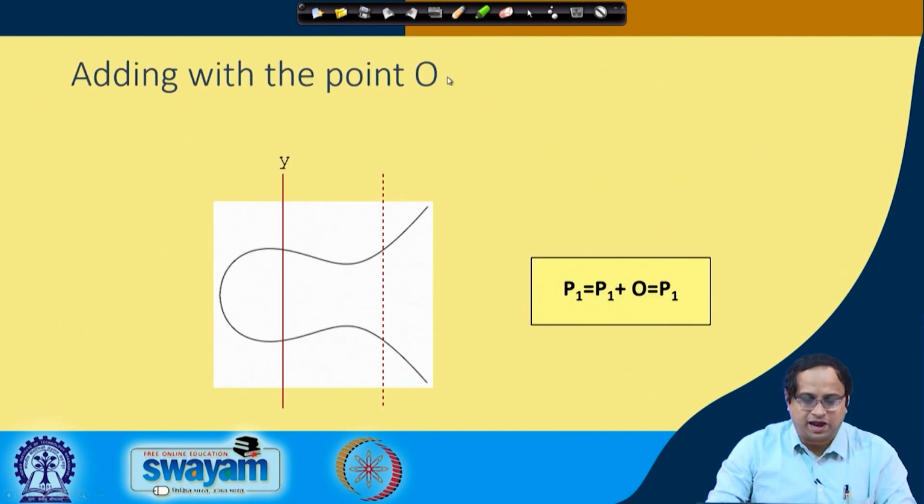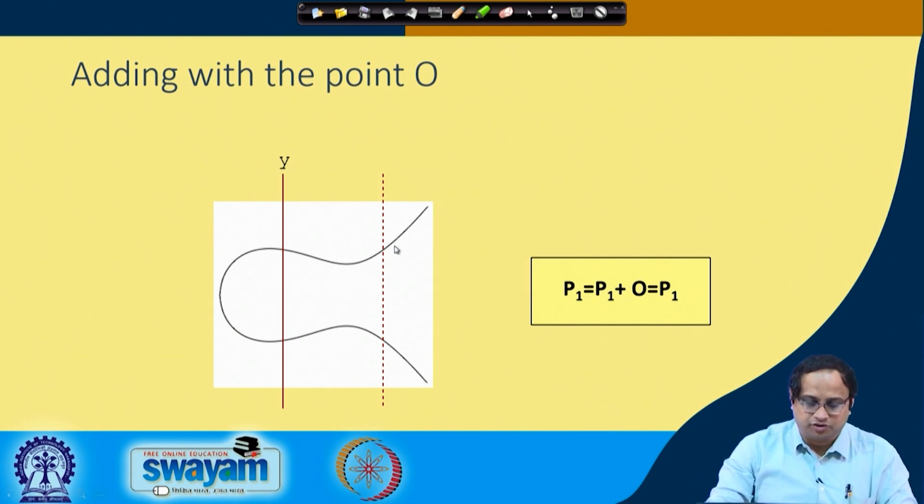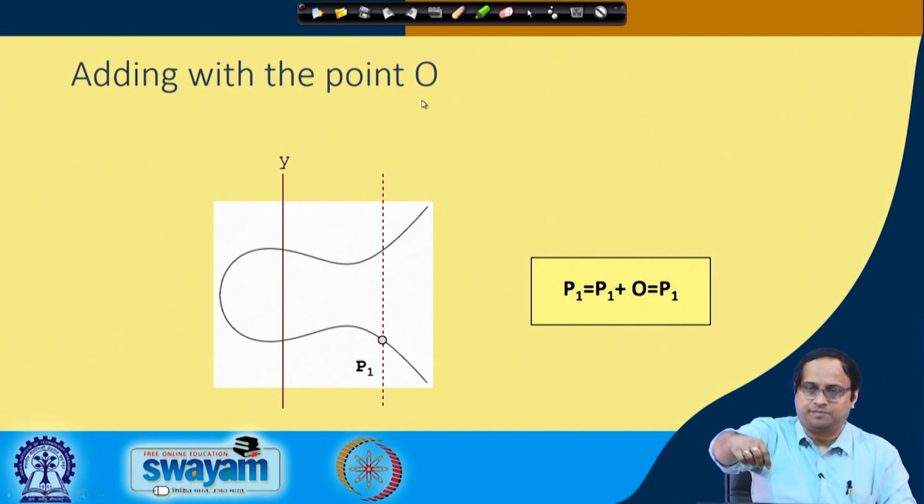So if I want to add with O, remember O is conceived to be at the top and at the bottom both, as a point at infinity. If I take a point P1 and add it with O, it is as if drawing a vertical line through P1, that is, a line through P1 and the point at infinity.